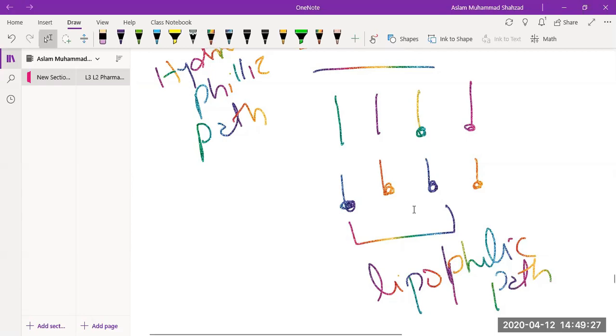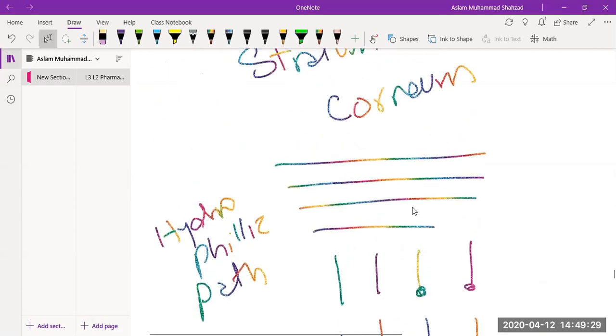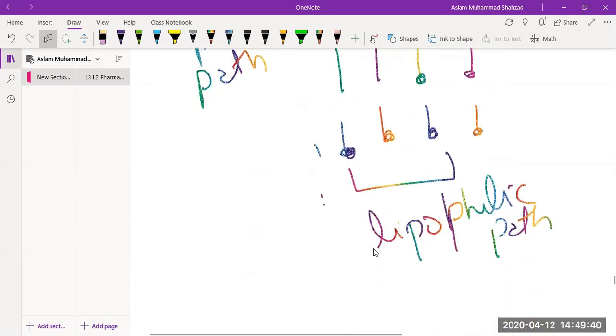If a drug is too hydrophilic, the drug will be absorbed here, but it cannot pass through the lipophilic layer, and then the absorption of the drug will be low.